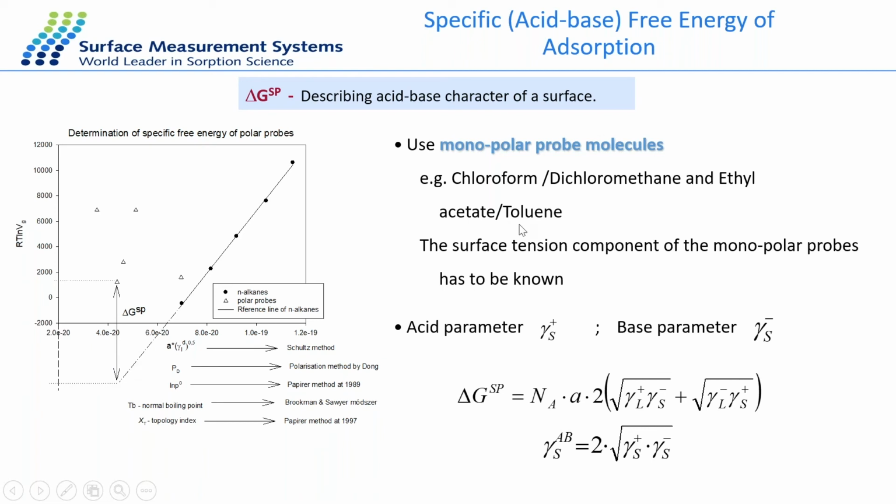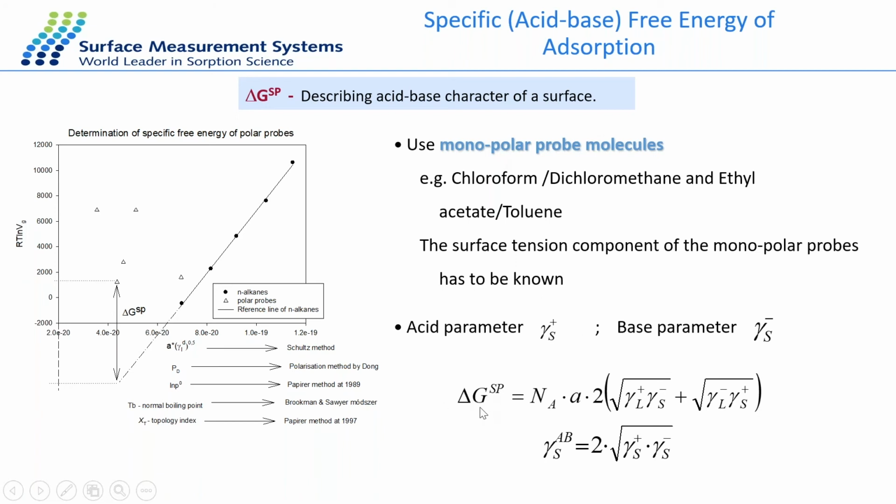For the specific surface energy calculation, we determine the acid and the base parameter. It's the extended Fowkes theory, and then this acid and base parameter can be used to calculate the specific part of the surface energy.